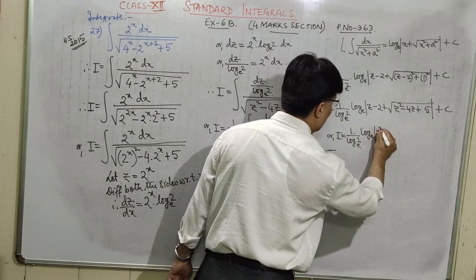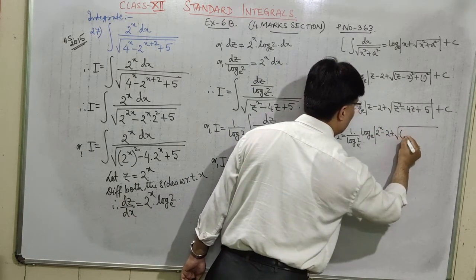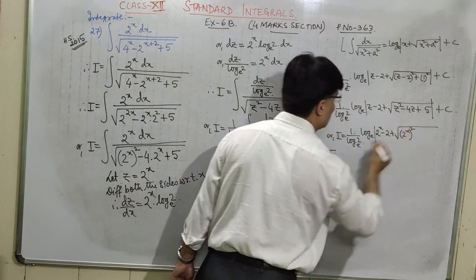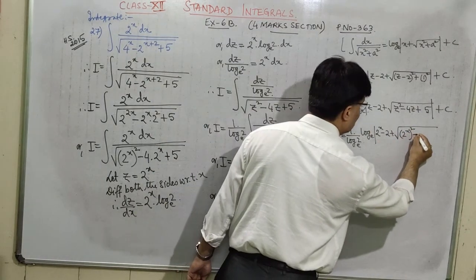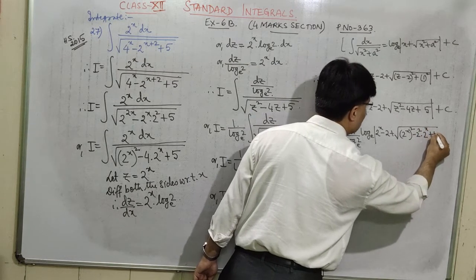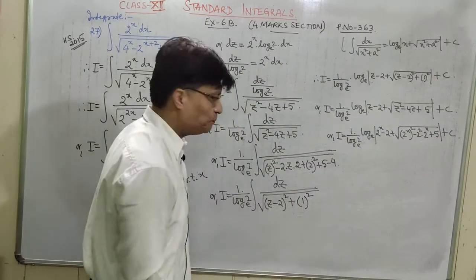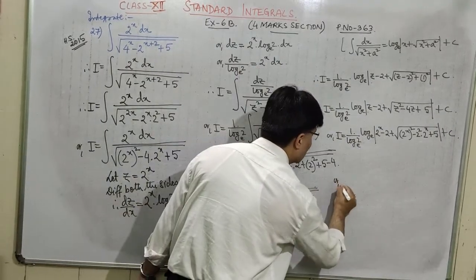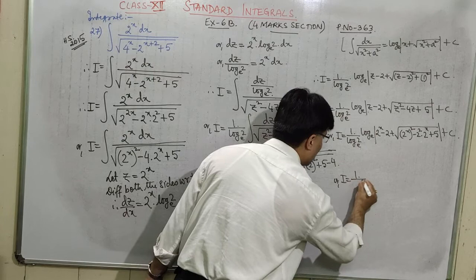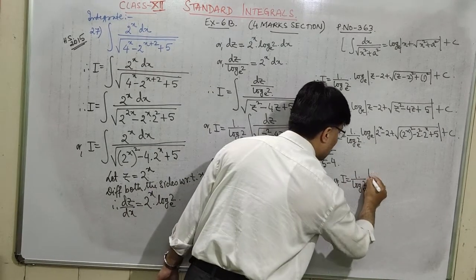So it is 2 to the power x minus 2 plus root over. Now we can write here 2 to the power x whole square minus this 4 can be written as 2 square into z is 2 to the power x plus 5 mod sign closed plus c. Now this is I is equal to 1 upon log 2 base e, right?